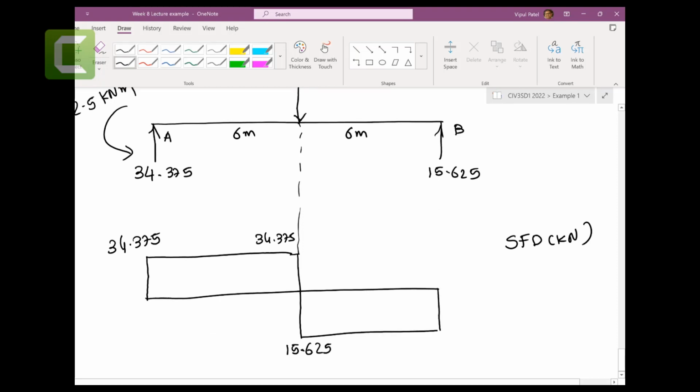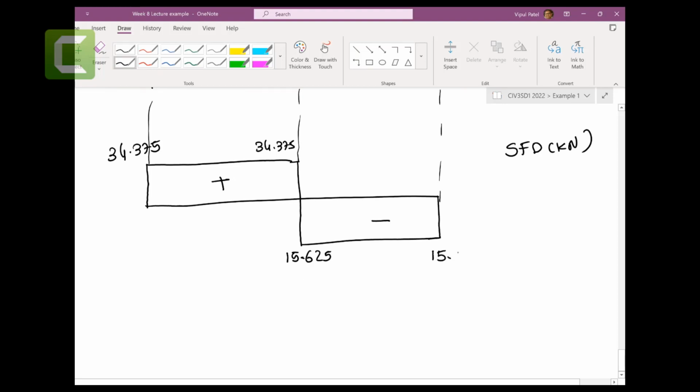Match it up here. This is minus, this is plus. Right, and this is 15.625.